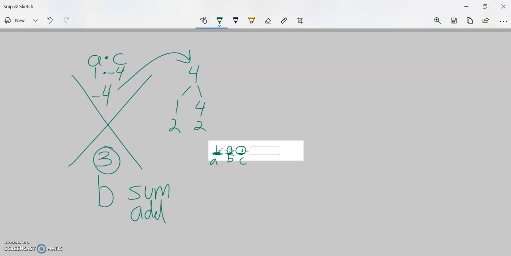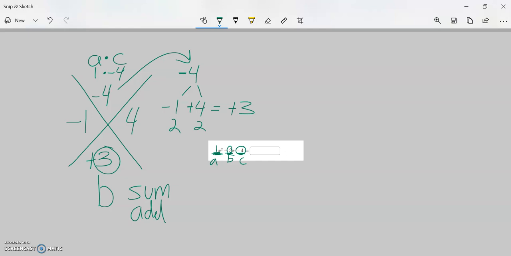Since this number is negative, we know one of our factors down here will be negative. For example, let's make the 4 negative. 1 minus 4 is equal to -3. That's close, but we're looking for a positive 3. So let's switch the signs. -1 plus 4 is positive 3. Those are the two numbers that go here.